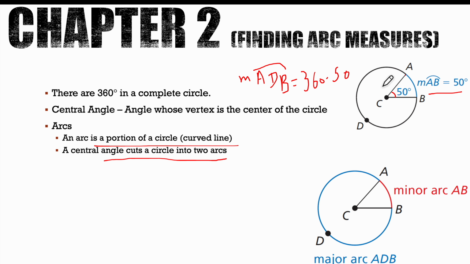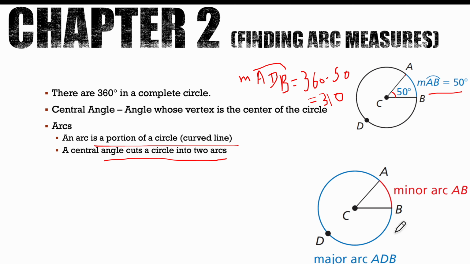Because entirely it forms 360 degrees and 50 degrees is taken by this. So the measure of this major arc ADB is 310. Here you have seen this is called minor arc AB and this is called major arc ADB.